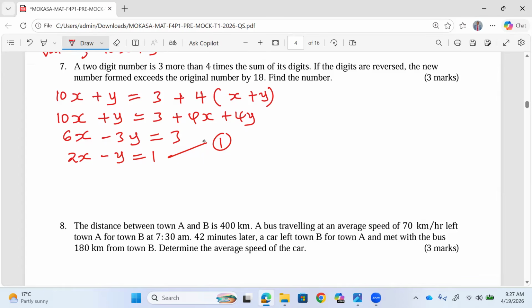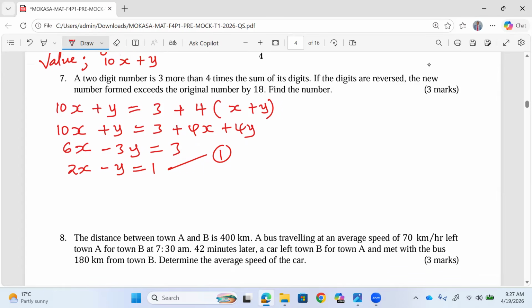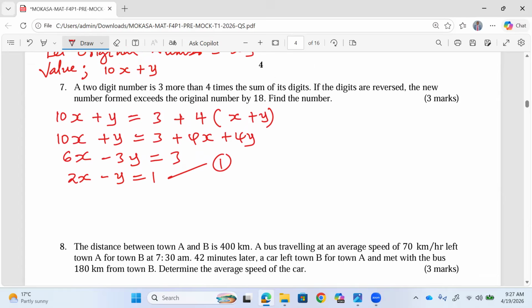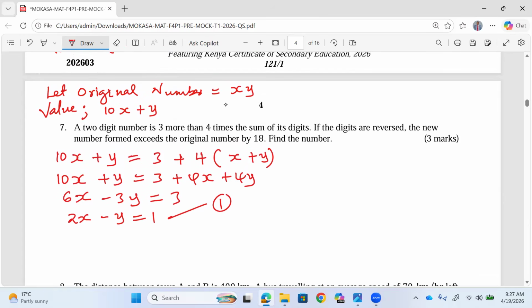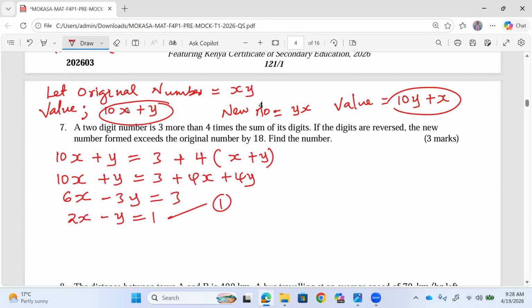Equation 1 has been simplified. Now we have more statements. If the digits are reversed, after reversing, the new number becomes yx, and its value shall be 10y plus x, y is on the tens, x is on the ones. So this is the value of the new number, and we have the value of the original number.